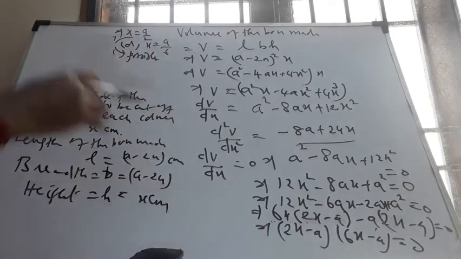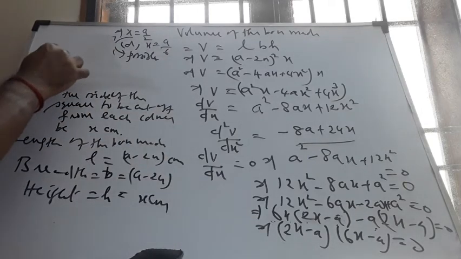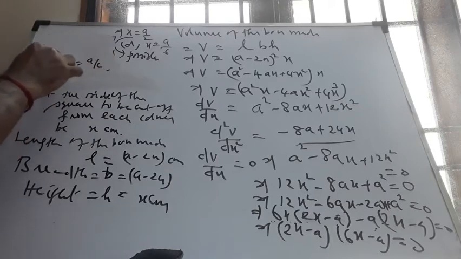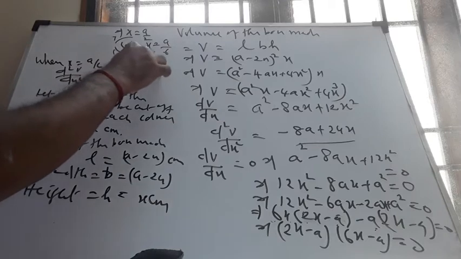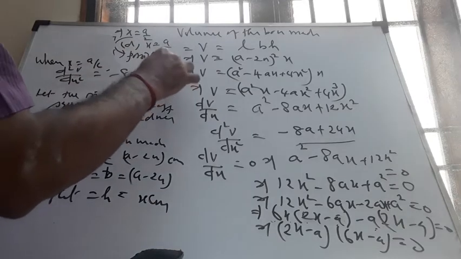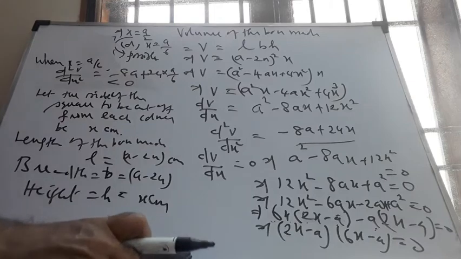Just listen here. When x is equal to a by 6, d square v by dx square happens to be minus 8a plus 24 into a by 6, which is anyway negative. This will be minus 4a.